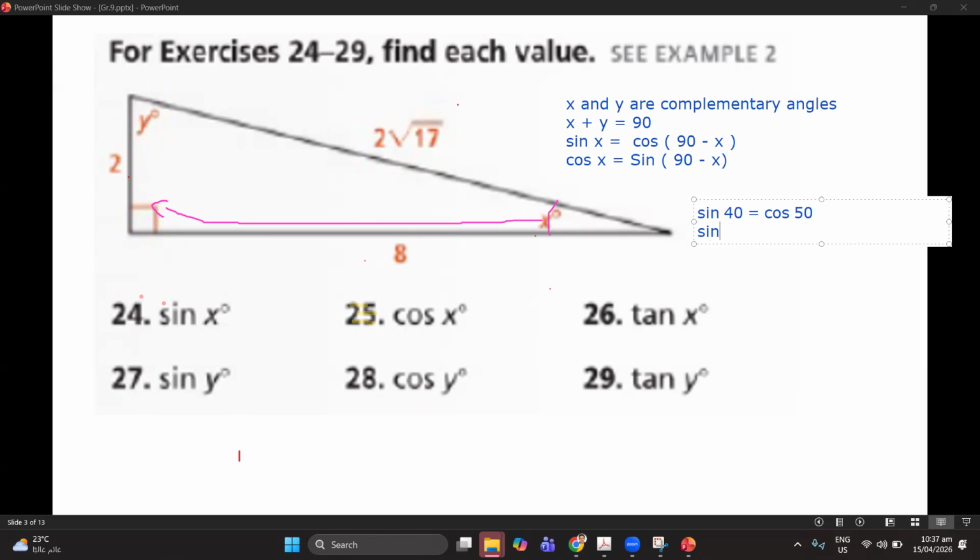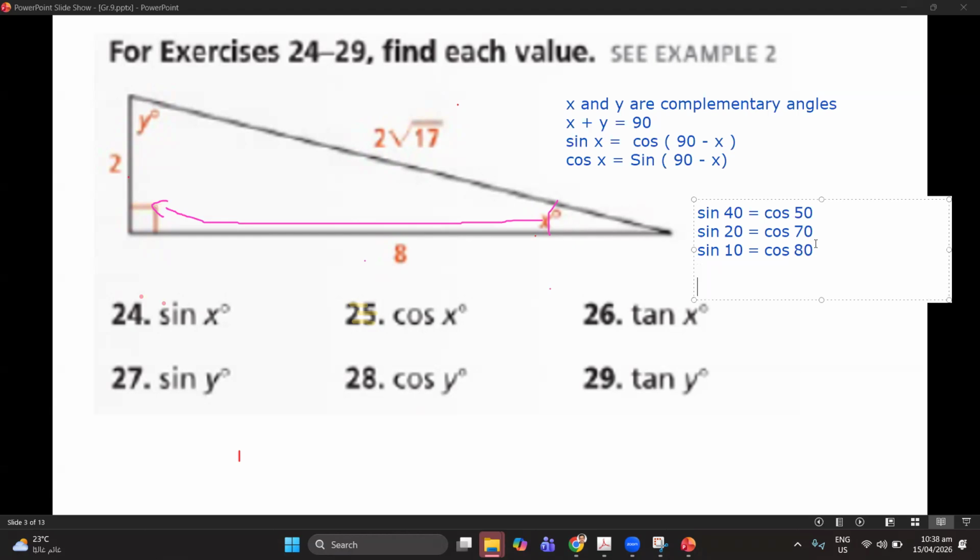If I ask you about sine of 20, it's the same as cosine of what? 70, excellent. I subtract 90 minus the given angle. Sine of 10, as an example, is the same as cosine of what? 90 minus the given one, which is 10, so cosine of 80.